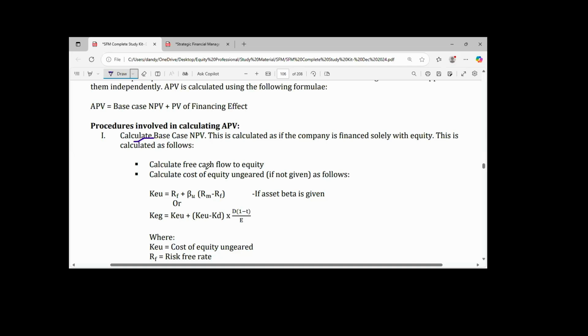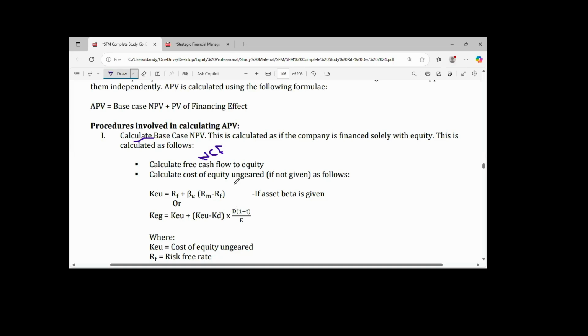And that's what I said, you should calculate the net cash flow for each year. Then step 2, under the base case NPV, is to calculate cost of equity, ungeared.